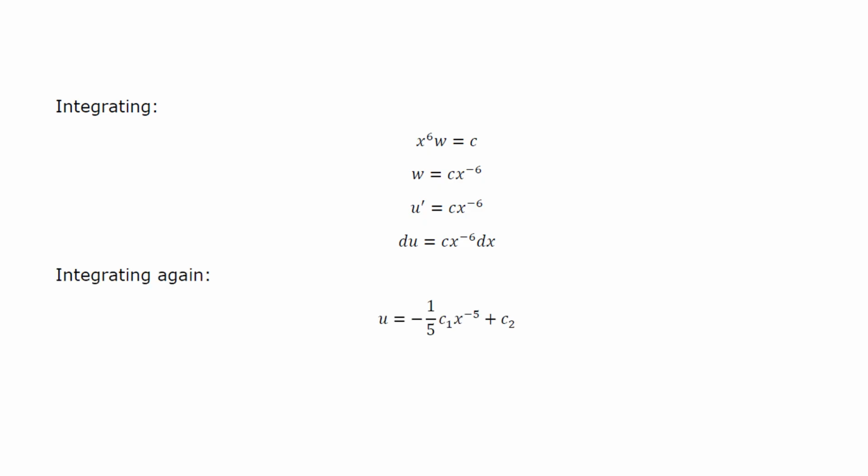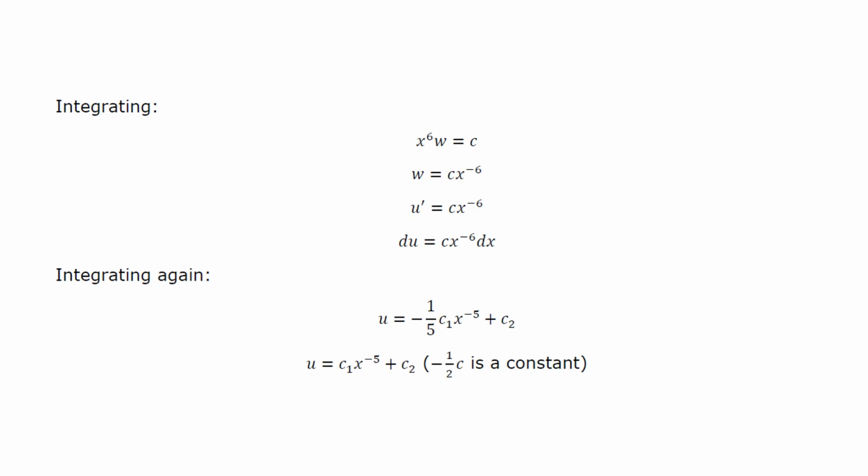Take the integration of both sides, and I'll get u equals negative 1/5 c sub 1 x to the negative 5th plus c sub 2. Knowing that negative 1 over 5 c sub 1 can be combined into just one constant c, I'm going to now rewrite u as c sub 1 x to the negative 5th plus c sub 2.